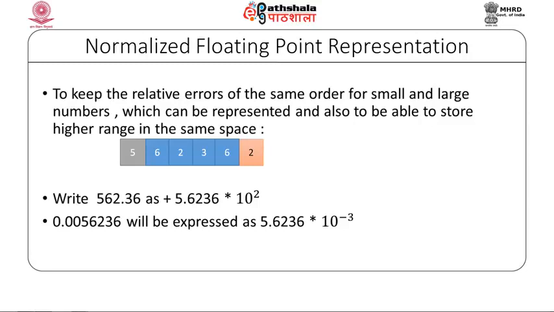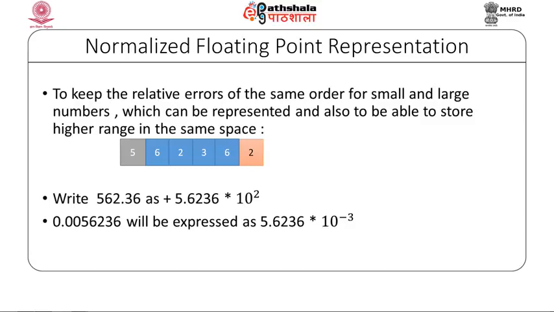And for that, the normalized floating point representation method is there to represent a number. For illustration, if I am using a decimal system, we have 562 point, with decimal place reserved.